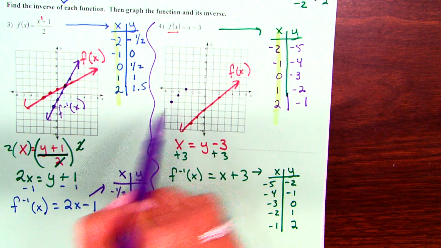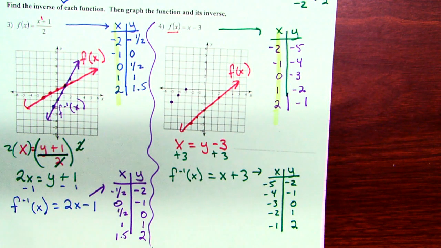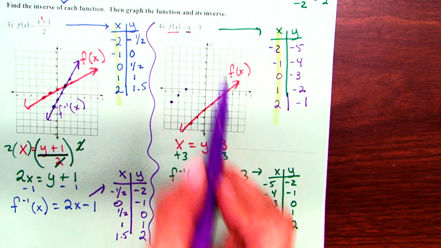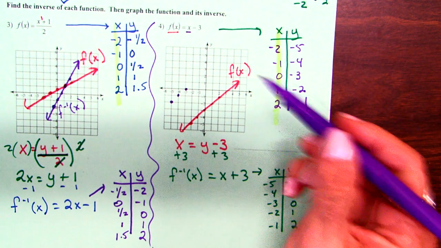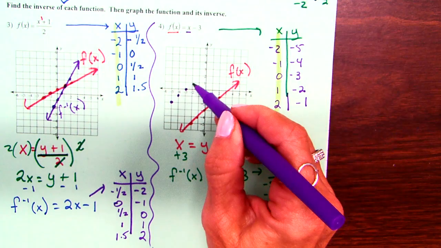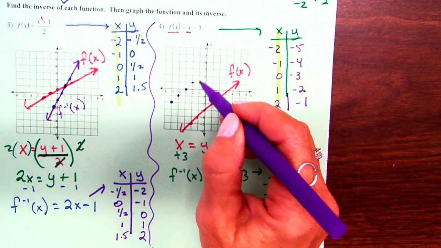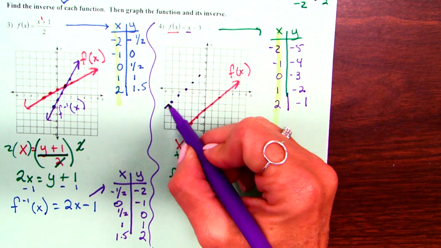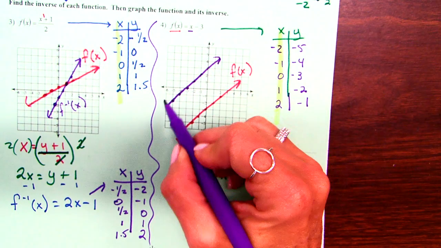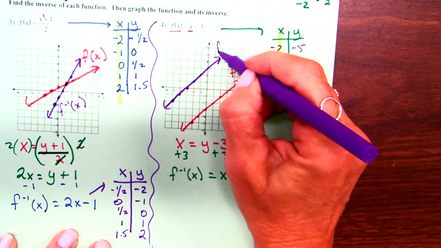Yeah, these end up being parallel because they have the same slope, 1x. But nice observation, Shane. And again, it should make a line. If not, something is wrong with your XY chart.